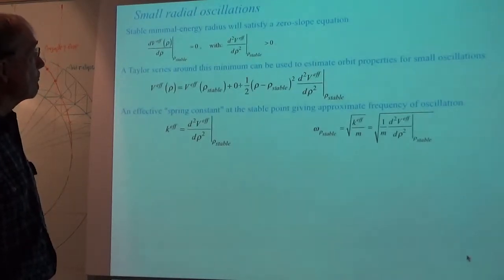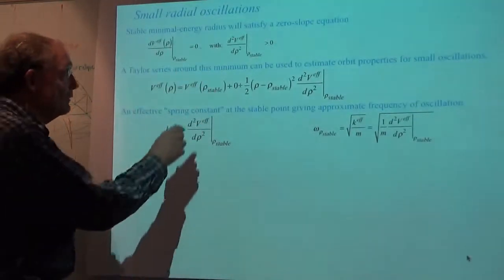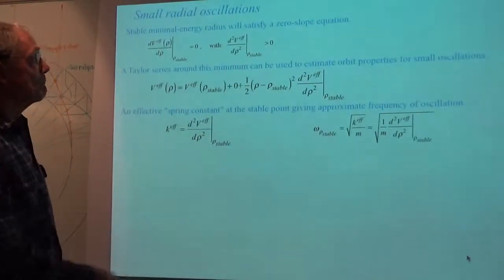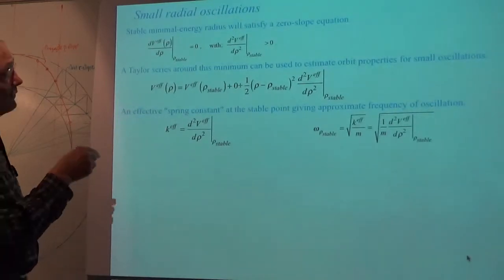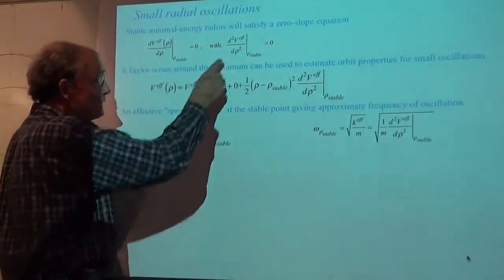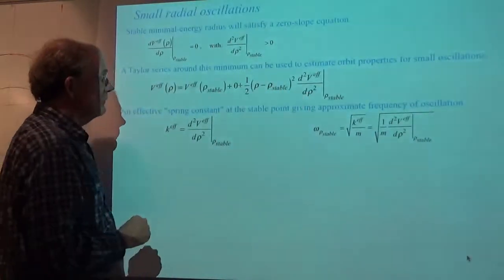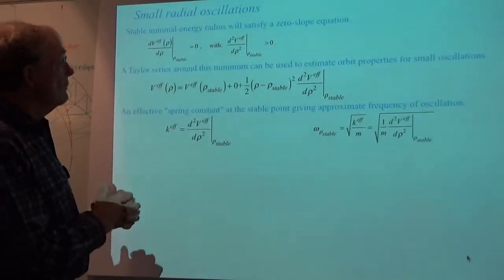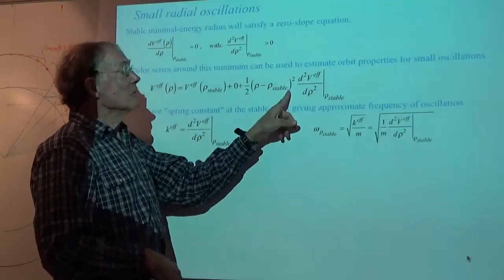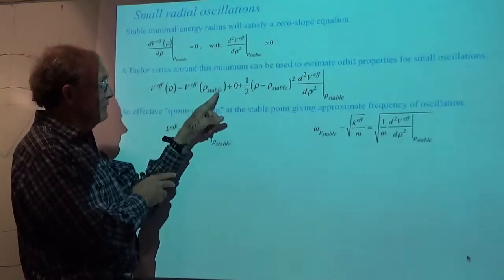Now, once you have a stable minimum, and let's suppose that you evaluate the second derivative and find that it's a healthy singularity, that is a singularity that is stable in the sense that you can orbit around it. Then the job will be to calculate the actual numerical value of that, to estimate the frequency that this system would have. That is, what you'd like to do is just look at the first non-zero term in the Taylor series for the effective potential around a stability point.